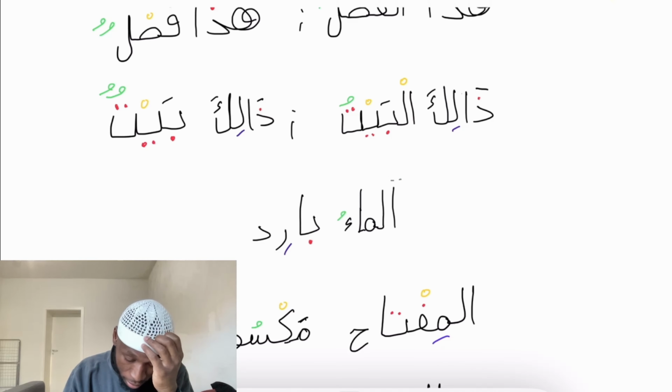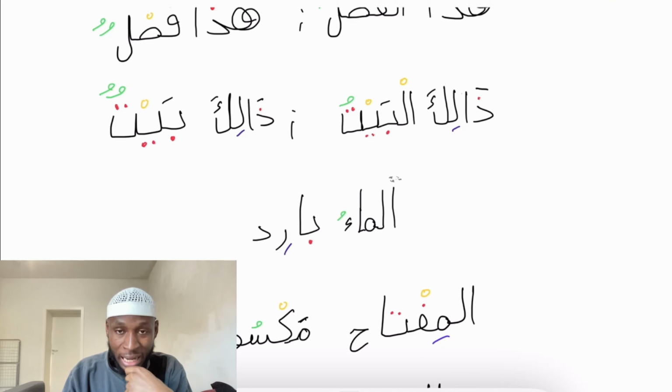What about here? We say the hamza on the al is hamzatul wasl, so it is the starting of the sentence. This al starts the sentence. So do we pronounce the hamza here or not? Yes, we do pronounce it.